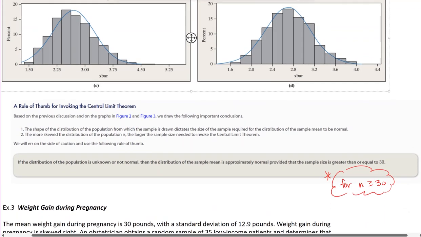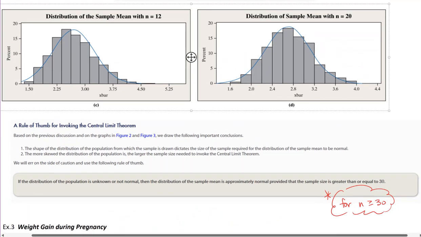So we've come up with a consensus for a number, and the sample size we're going to try to shoot for is a sample size of greater than or equal to 30. As long as your sample size is greater than or equal to 30, you have met the requirements of the central limit theorem.